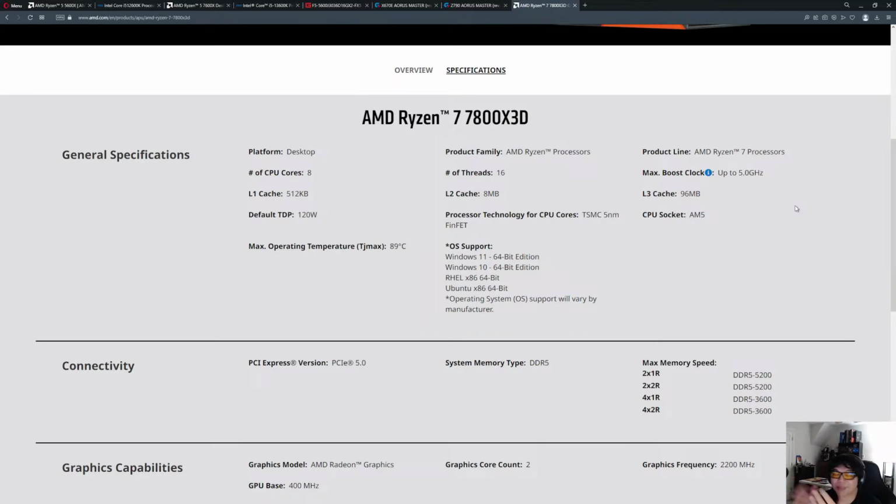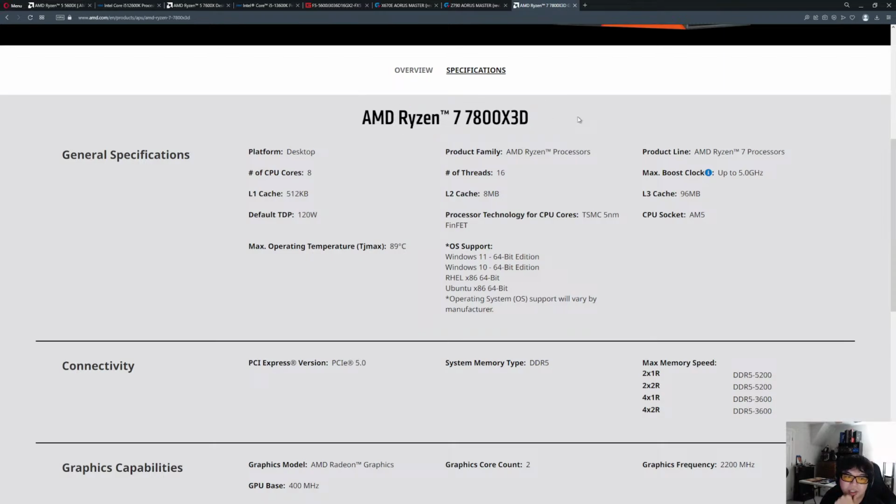I don't know. For gaming, this one definitely makes sense. I can see this working for a lot of people. And honestly, for the average person who just wants to build a gaming PC, they want top-level performance, and they don't want to waste time undervolting, overclocking, etc. This is probably going to be gaming CPU of the year.